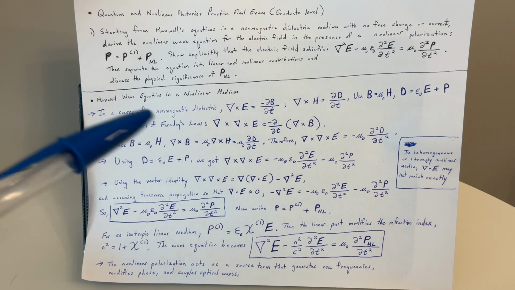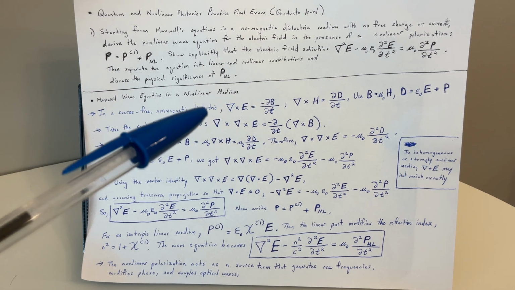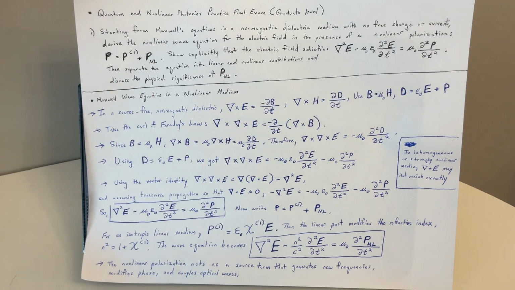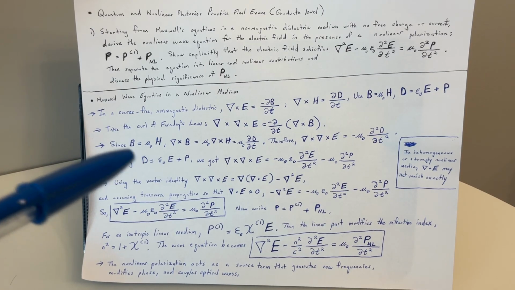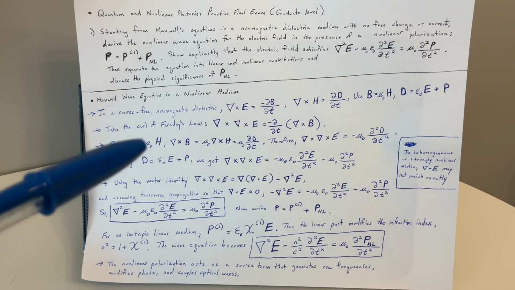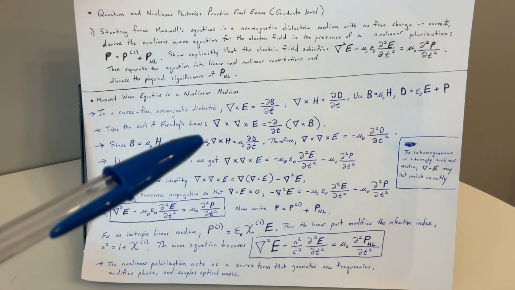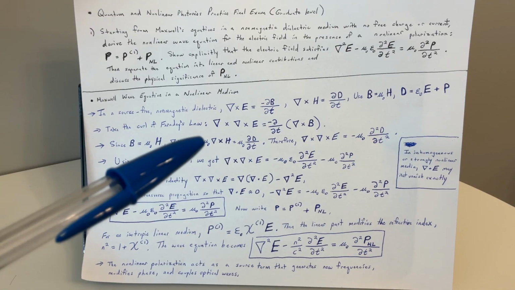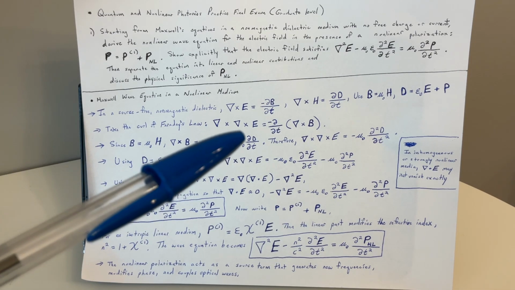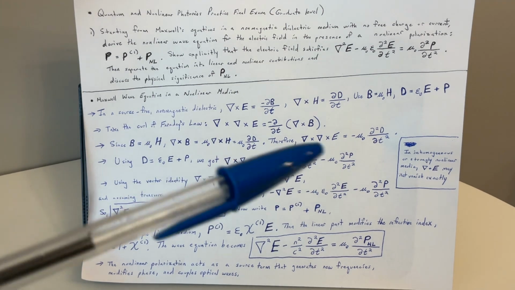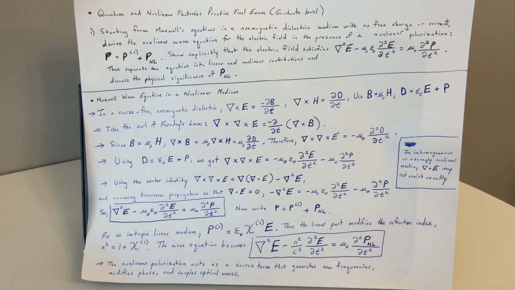In a source-free non-magnetic dielectric, okay, we're given this cross product here. These should look very, very familiar. What we're going to do is take the curl of Faraday's law here, okay, and since our magnetic field B is equal to mu naught H, the cross of del in the magnetic field is mu naught del cross H, that equals mu naught partial d/dt, and therefore we're going to get this cross product here.